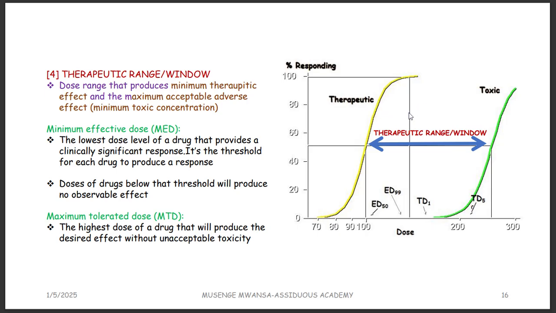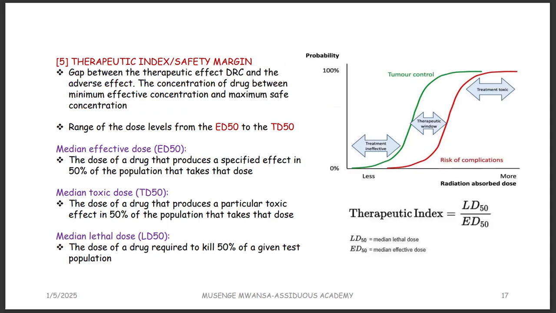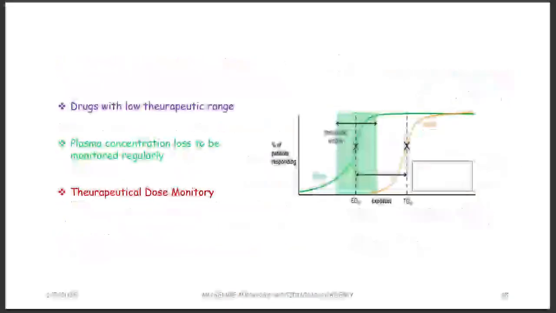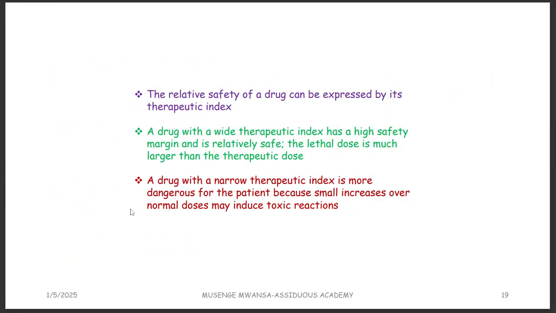The meaning of that is that the concentration you need to give to have the effect you want, to the concentration that will produce bad effects, is not too different. So immediately you exceed, if you give a bit more than what you're supposed to give and go beyond, the toxic effect can kill you. So a narrow therapeutic range means dangerous drug. So you need to monitor that drug very much.